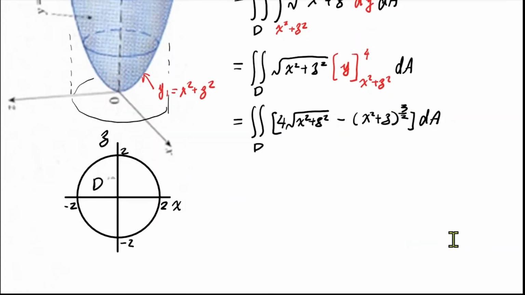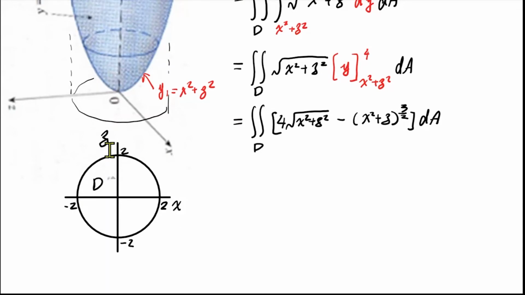Okay, now you're thinking, oh, how are you going to integrate this now? Because our region looks really ugly too. Brilliant suggestion. I will take brilliant suggestion at this point. Polar. Of course, why wouldn't we go polar, right? This is circular. Wait, this is x and z, not x and y.